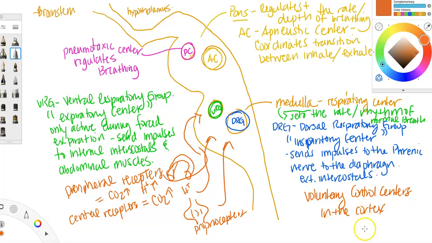So the cerebrum there, those feed back here. So if you need to breathe out heavy, like blowing out candles or blowing out fire or something like that, you're able to do that voluntarily. Let's see.